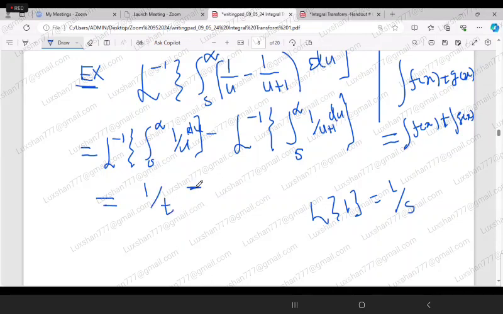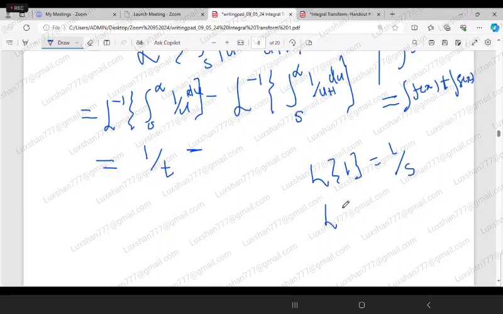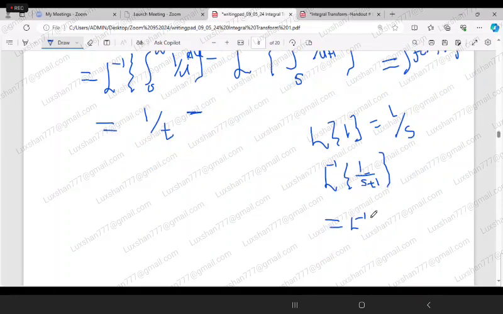Okay, minus, and what is the inverse Laplace transform of 1 over s plus 1? This is nothing but the inverse Laplace transform of 1 over s minus a, so this is e to the power a t, but here a is equal to minus 1.